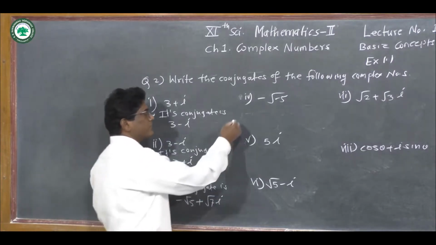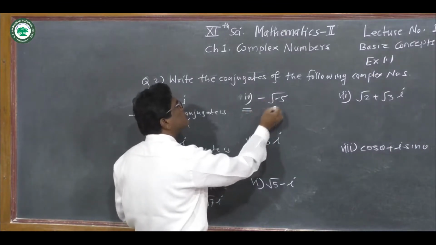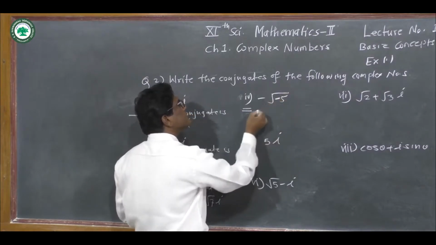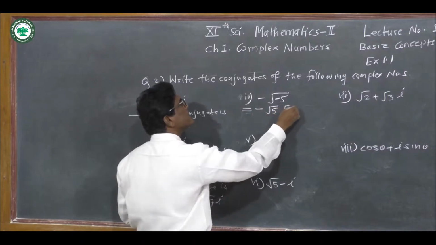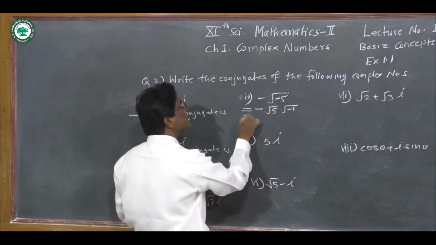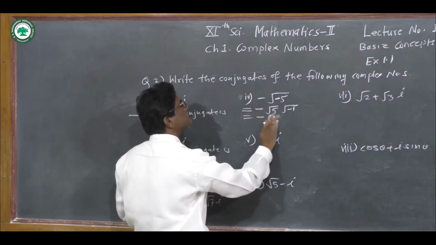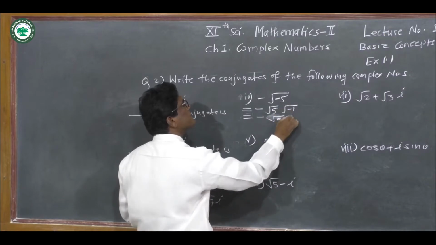Now here firstly we have to write this equal to this. This is the square root of minus 5. So minus root of 5 into root of minus 1, and it is equal to minus root 5 into i, since root of minus 1 is i.